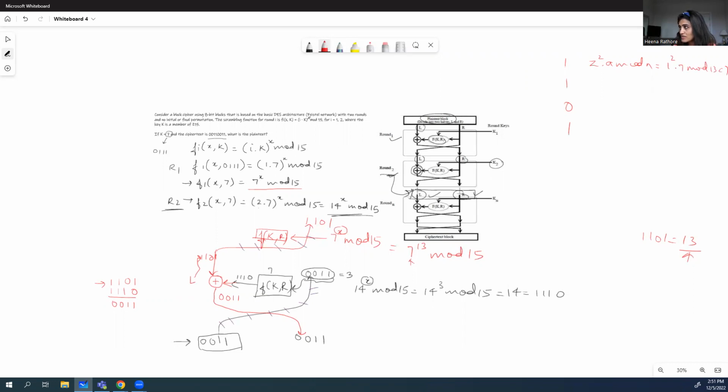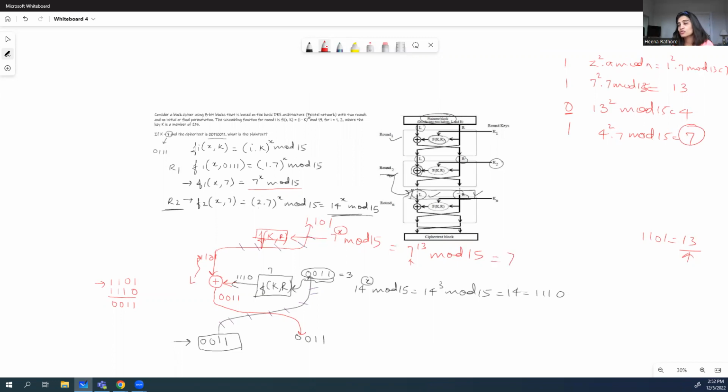Next, once again, it would be 7 square times 7 mod 15. If you solve this, this value would give us 13. Once again, 13 square, this bit is 0, so it would be just 13 square mod 15. If you do this, this will give us the value 4. And in the last case, it would be 4 square times 7 mod 15, which would give me the value 7. So 7 would be the output in this case.